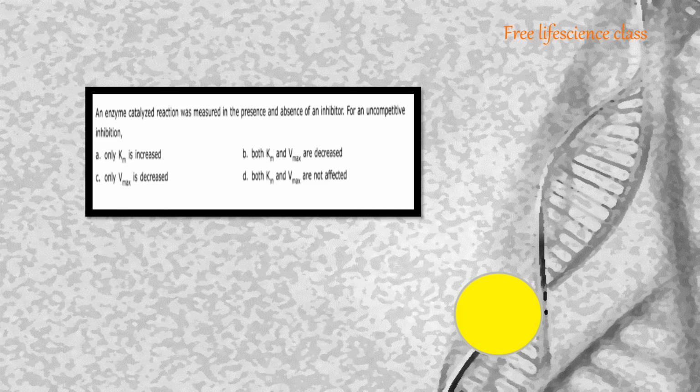The first question is: the enzyme catalyzed reaction was measured in the presence and absence of an inhibitor. For an uncompetitive inhibition, you will get 30 seconds.